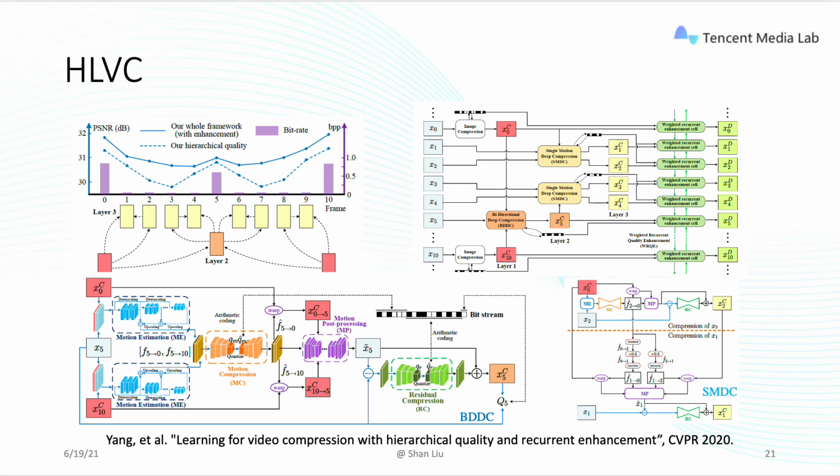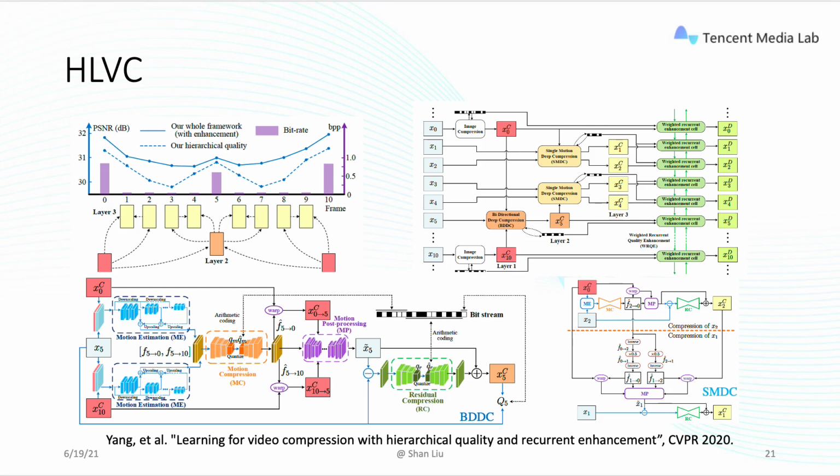positioned in the middle of two layer 1 frames. A new network called the bidirectional deep compression network was proposed to compress layer 2 frames. The proposed BDDC network takes the previous and upcoming compressed frames from layer 1 as bidirectional references.